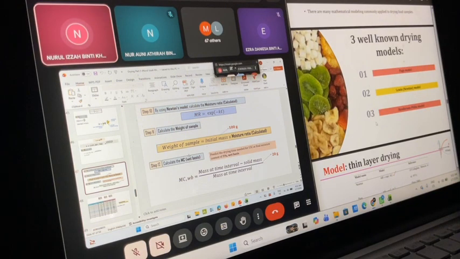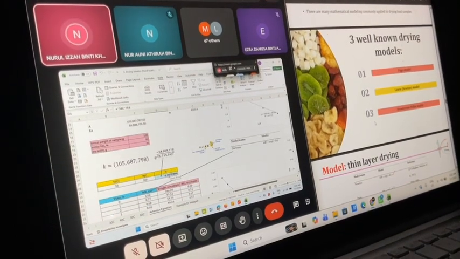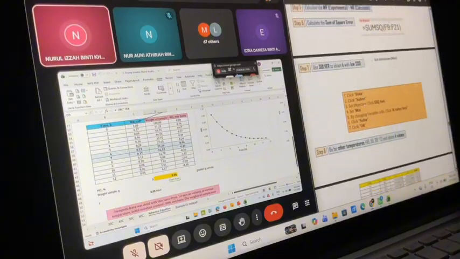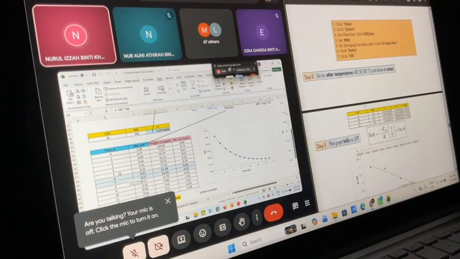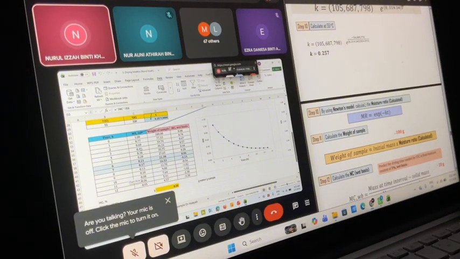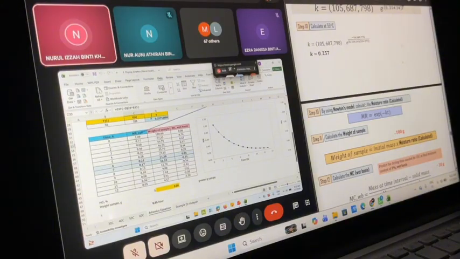And then you repeat to do the same table, which means that you plot for 45 degrees C, you plot again the moisture ratio calculated by using Newton's law.